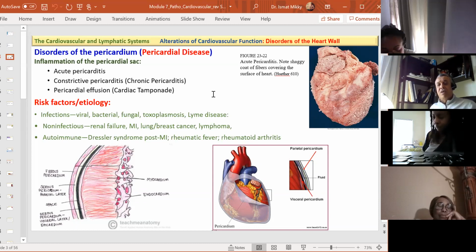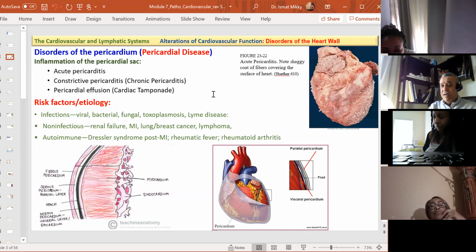The first disease is called pericardial disease, which is the inflammation of the pericardium, but the disease can be acute or chronic. When it's chronic pericarditis, it becomes constrictive.